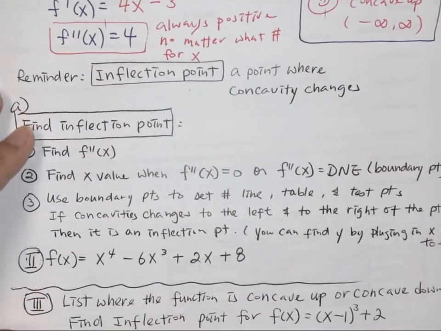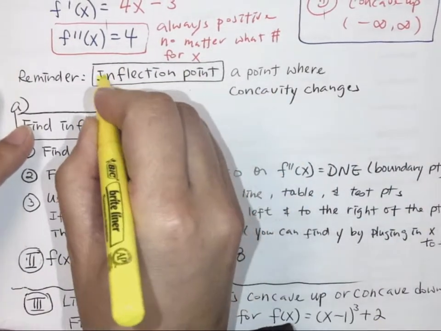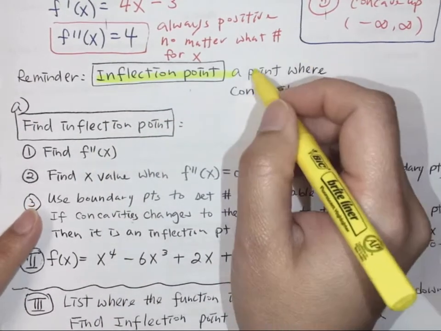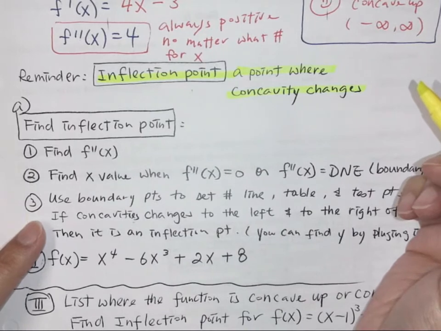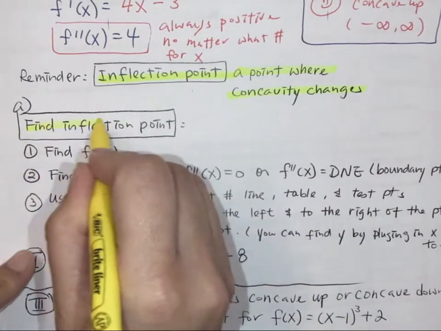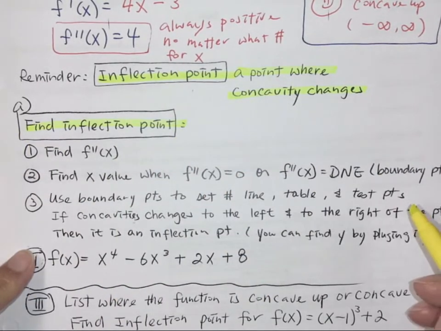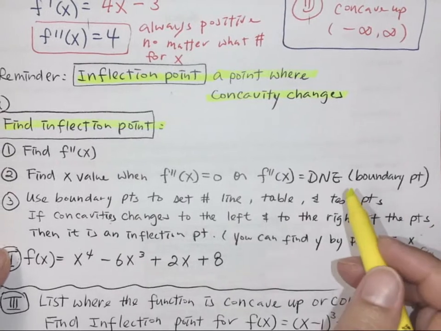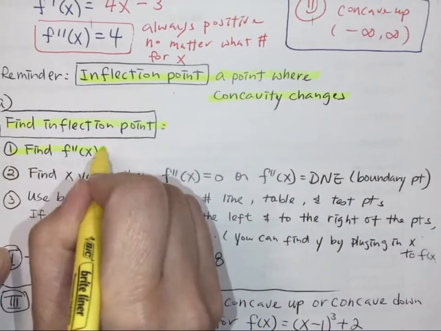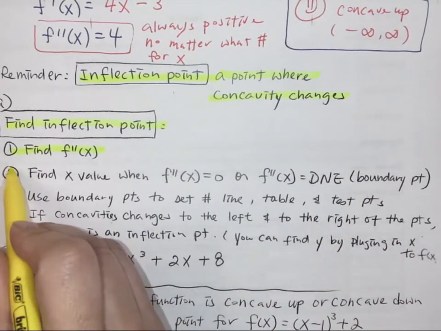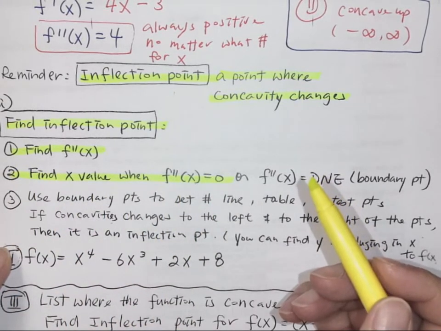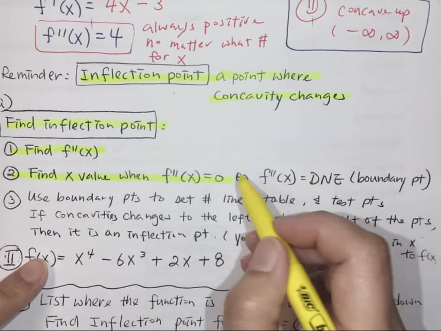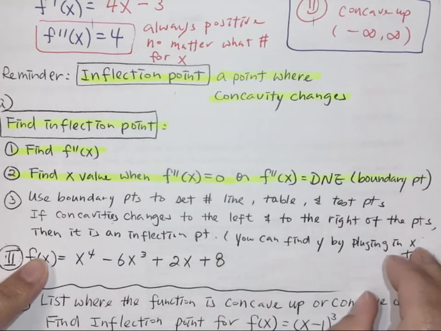The second concept here is about inflection points. This is the point where the concavity changes. So if you want to find inflection points without a graph, again, you're going to need to find the second derivative and find an x value where the second derivative equals 0 or the second derivative does not exist.